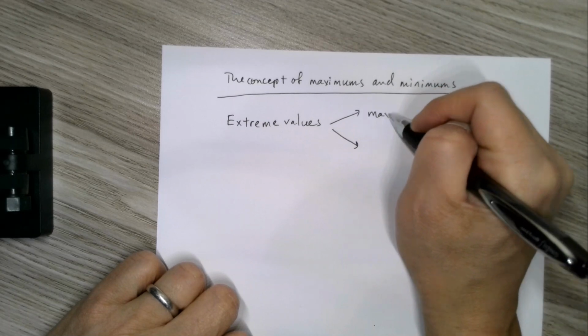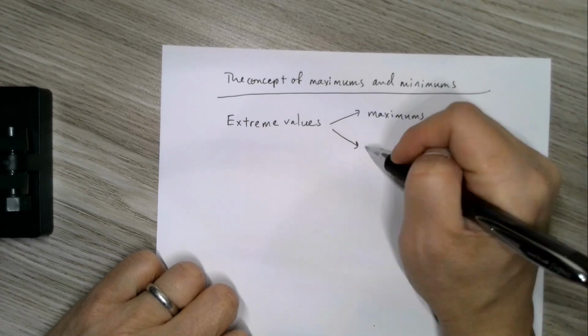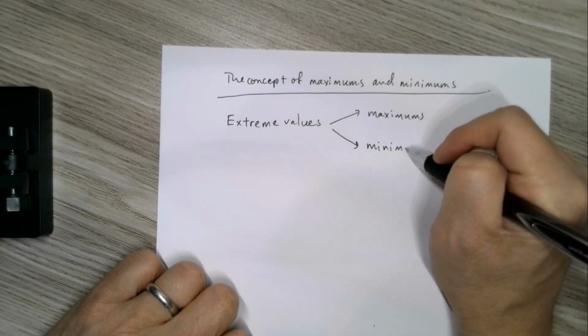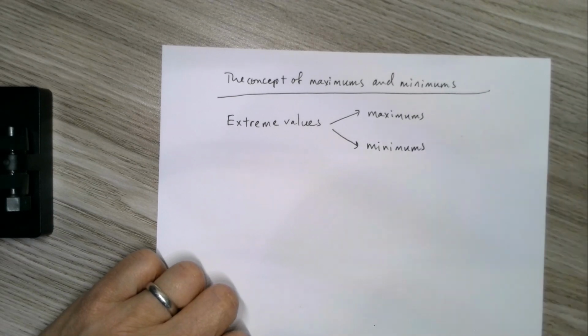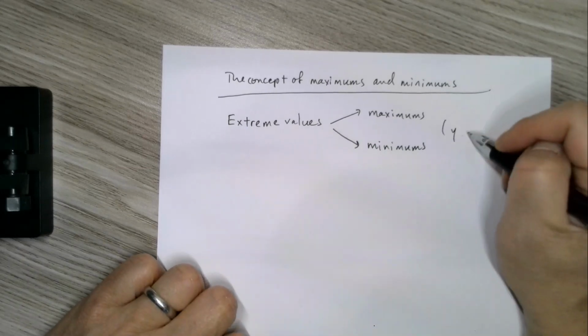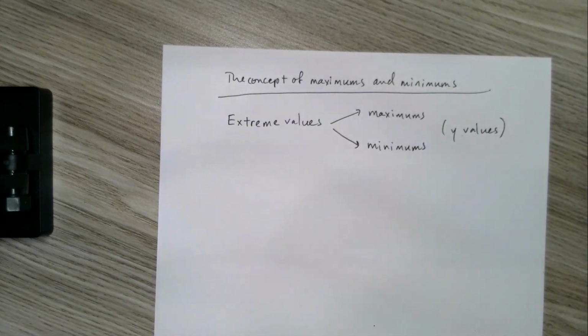We divide those into two categories, maximums and minimums. And I'll put in parentheses here, we're talking about y values, not x values. So when you're looking for a max or a min, you're looking for the highest y value or the lowest y value, not the highest and lowest x values.